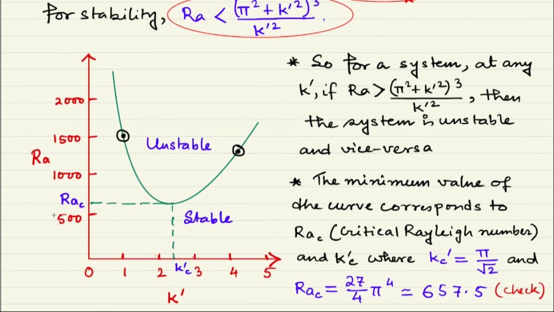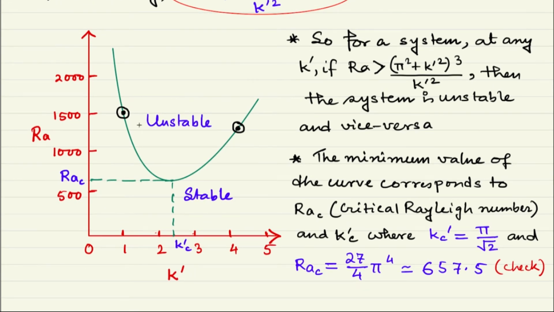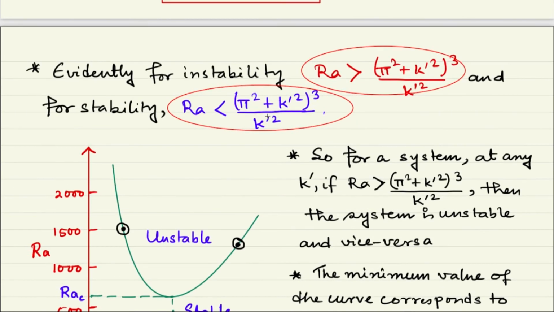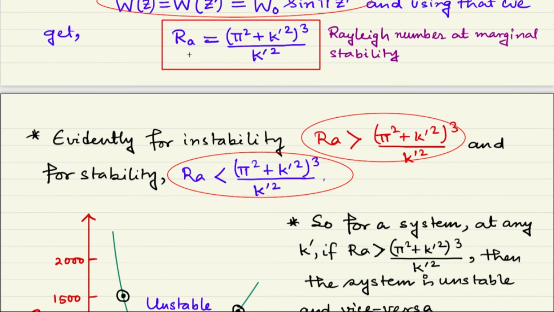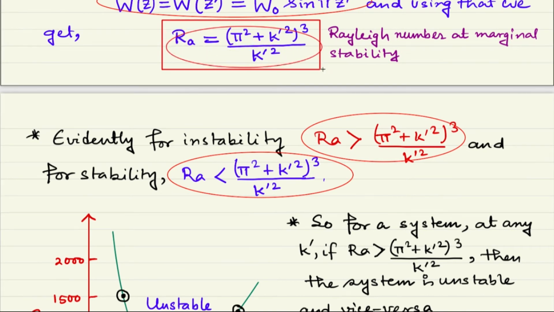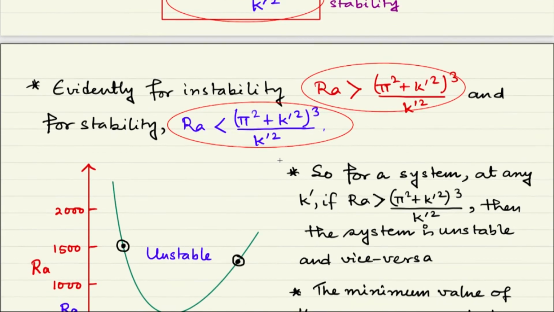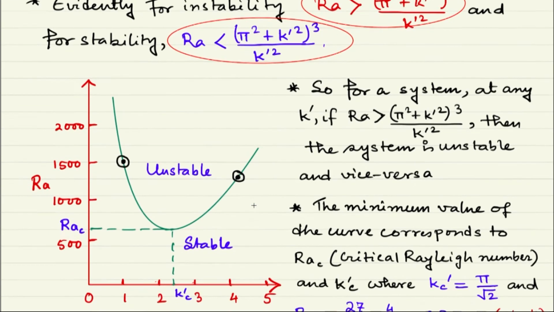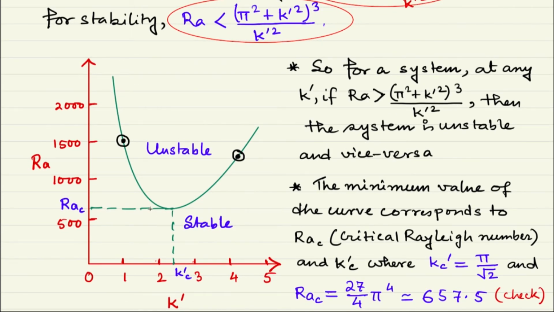Along this axis Ra is plotted, along this axis k prime is plotted, and this curve is nothing but this curve, this one. For a system, you can easily see that this solid curve is the curve for marginal instability.